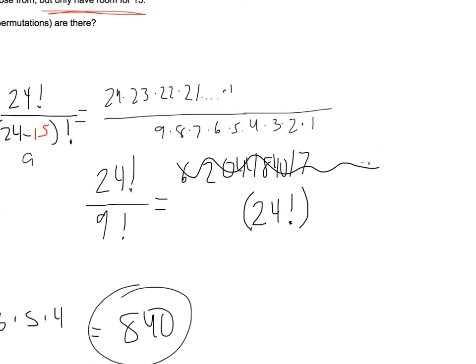Then hit divide by, or I guess in your calculator it'll look like this. I want you to do parentheses. Always good to add some parentheses in there, make sure we're grouping things right. 9, and then do the same thing. Go to math, over to PRB, and then down to the exclamation point. So it should look like that in your calculator.